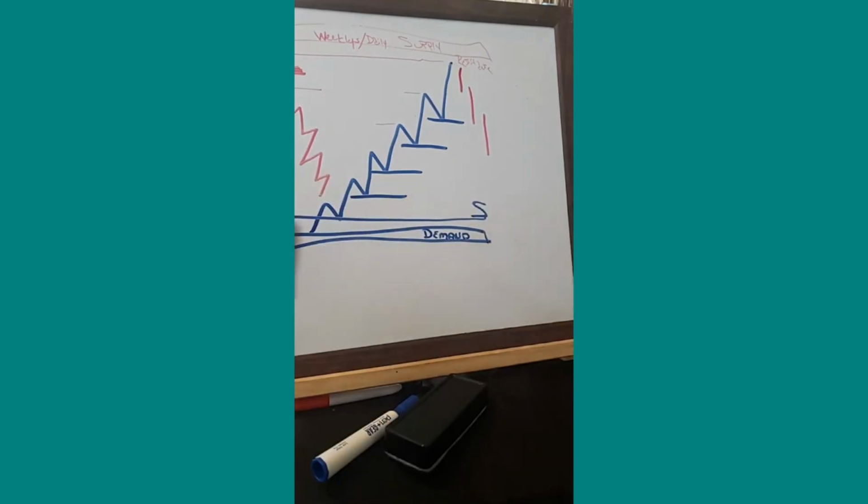In a downtrend, the tops would be considered your resistance levels. So just try to remember that. That way it won't be so difficult for you to understand where is supply and where is demand.